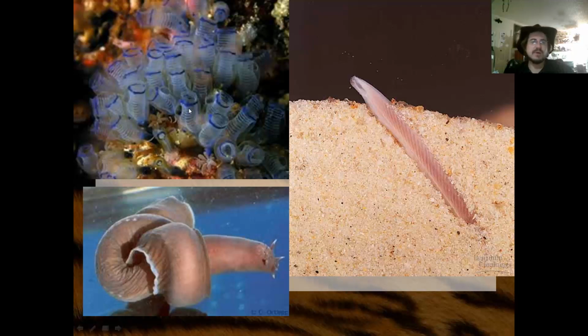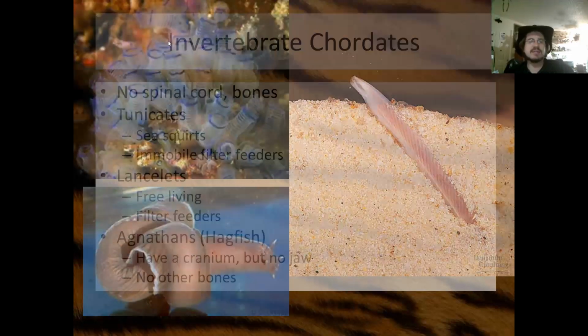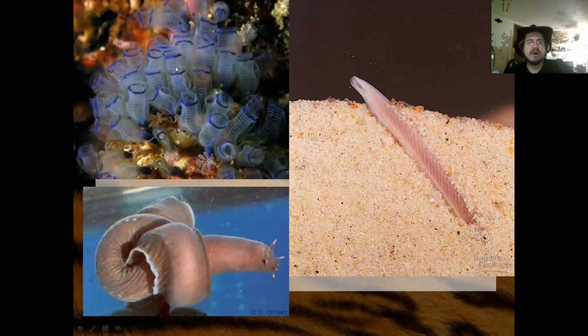These are tunicates. So believe it or not, these are chordates. The larval form resembles a lancelet much more than the adult form. So this is an adult tunicate. And the larval form is going to look a lot more like this. This is a lancelet.